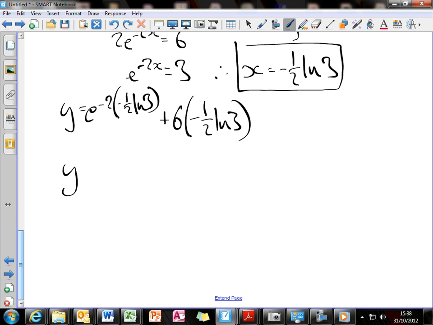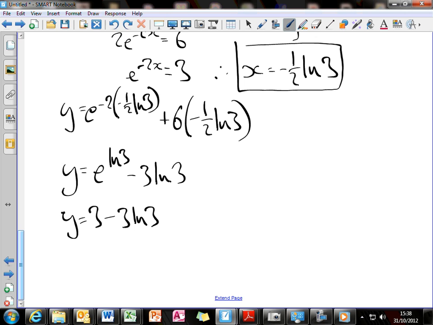So this is going to be y equals e to the ln 3, because the minus and the minus cancel, and the 2 and the half cancel, and then we're going to get minus 3 ln 3. So the e and the ln cancel here, so we're going to get y equals 3 minus 3 ln 3, or minus ln 9.